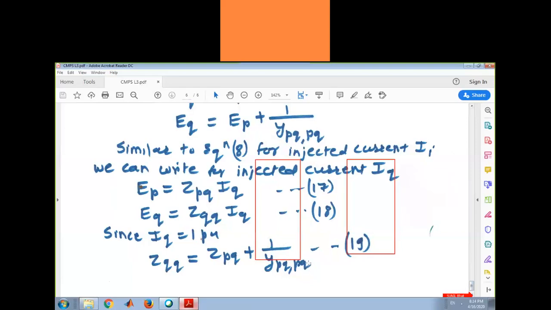So this is capital ZPQ, Z bus having Pth row and Qth column, that is ZPQ, plus 1 upon YPQPQ. YPQPQ is the self admittance, so it is the self impedance of the element. It can be calculated.